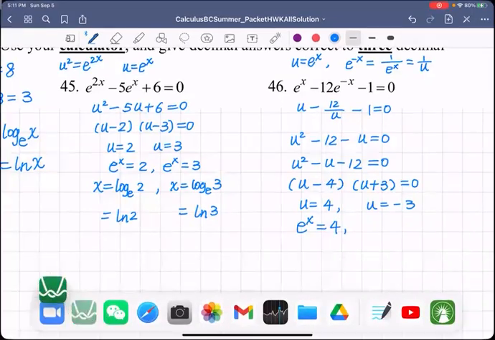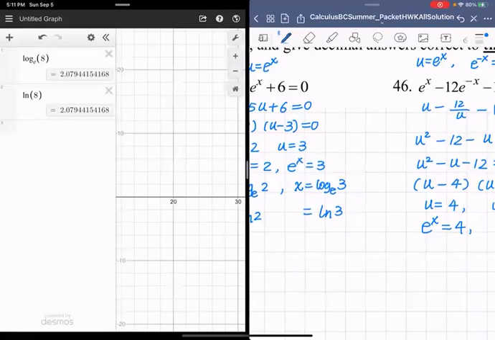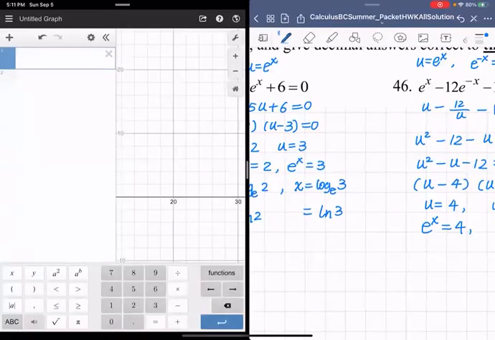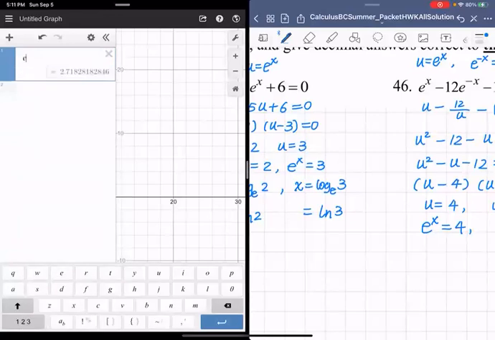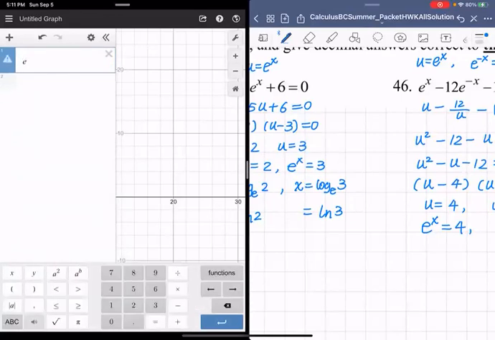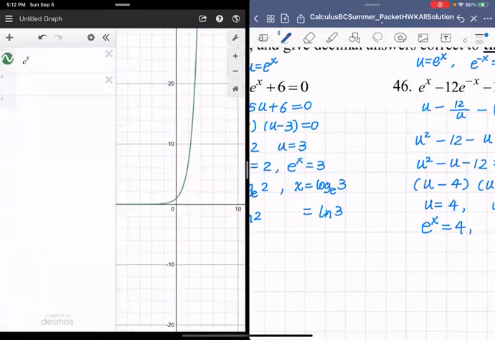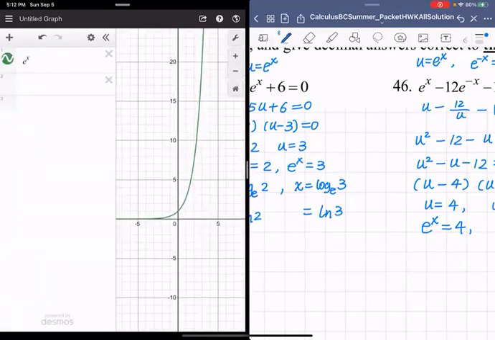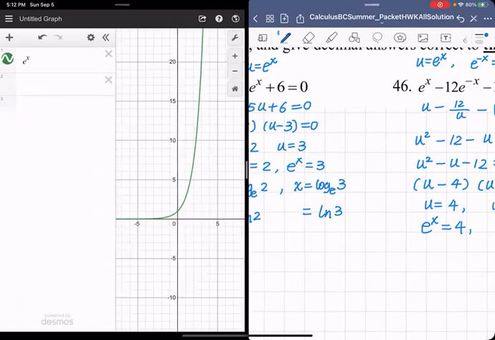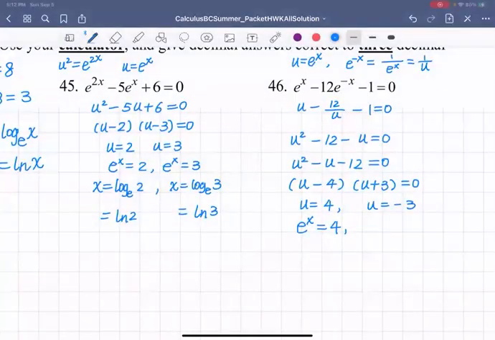As exponential functions, e to the power of x is always above 0. There's no way e to the power of x could be negative. So this one is going to be gone, okay?